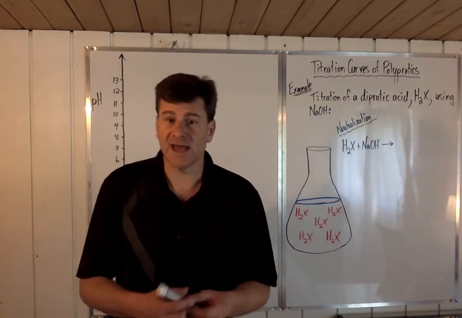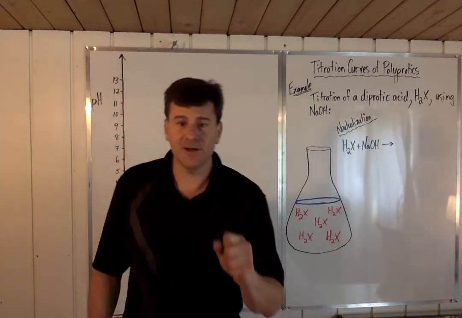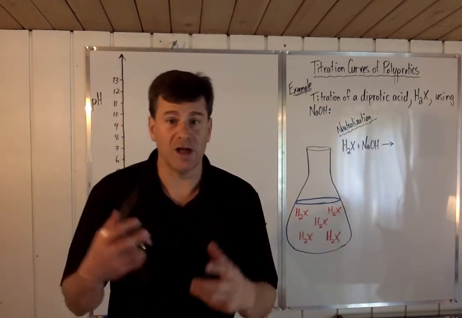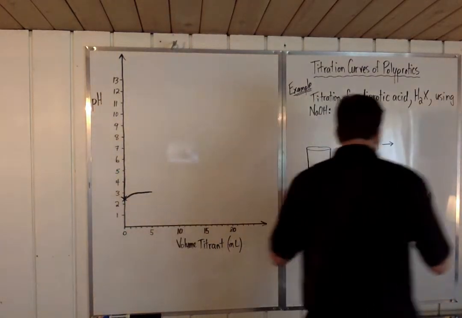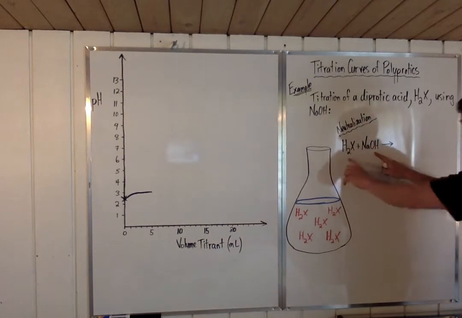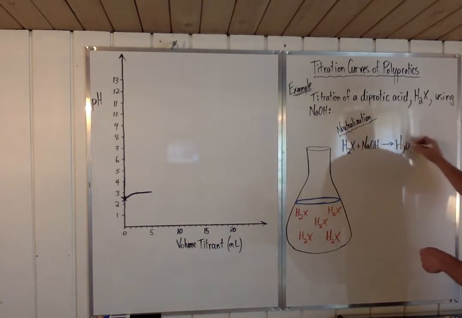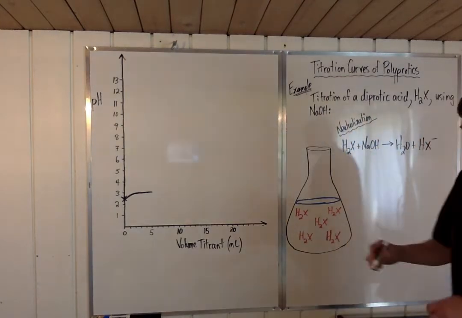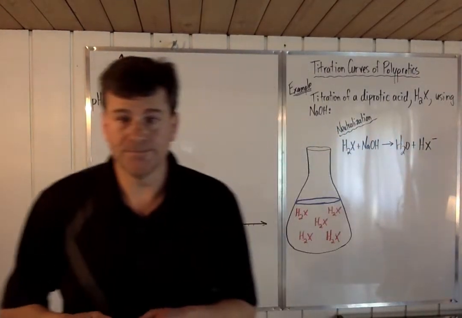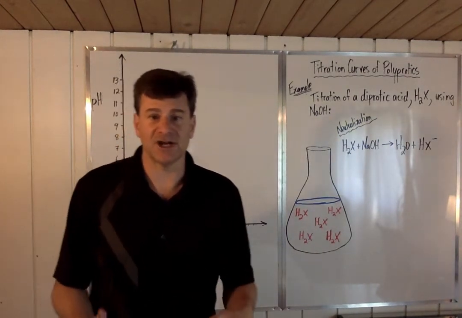And so when it does that, 1 NaOH with 1 H2X, the NaOH has the ability to pull 1 hydrogen off of that acid, which means the OH will take 1 hydrogen from the acid and form water, and then leave behind HX minus. So there's still another H left on that thing, so it's HX minus.